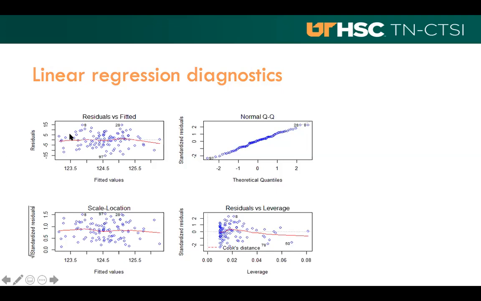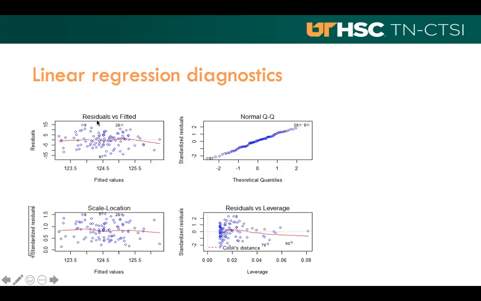If the red line deviates a lot from the line which lies horizontally on 0 residual, or if there is curvature in the red line, this tells us that the assumption of linearity is violated.